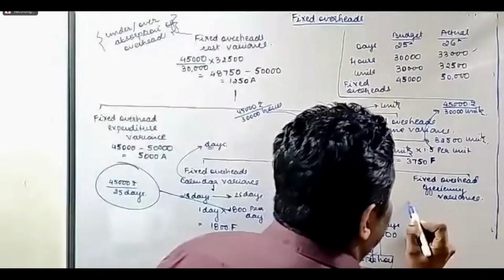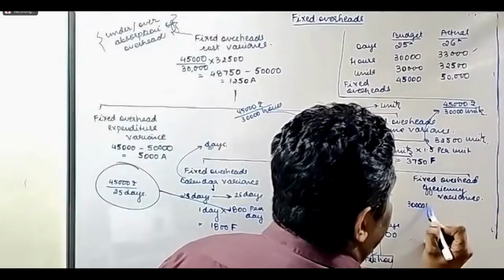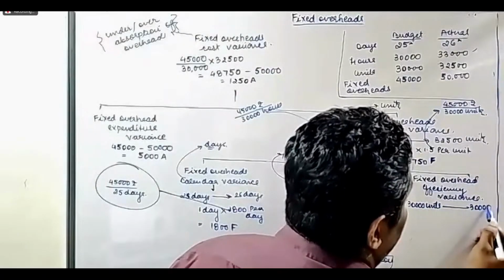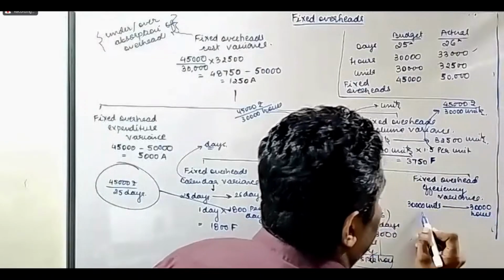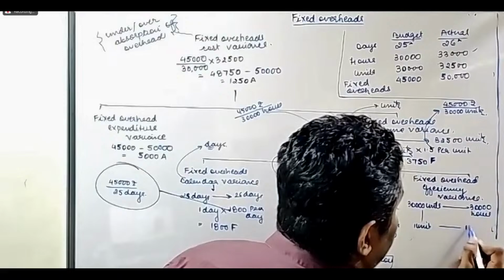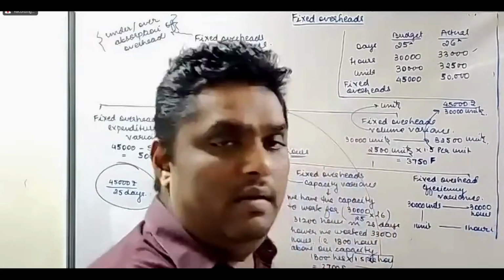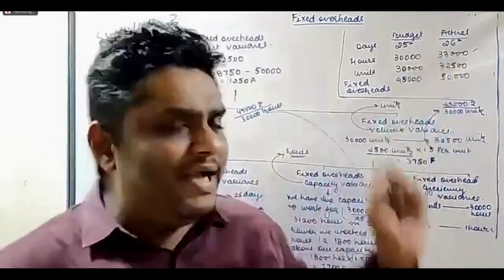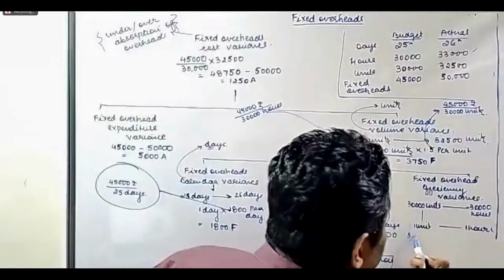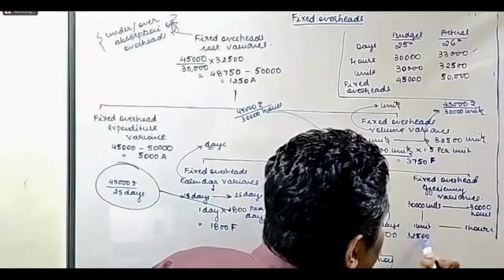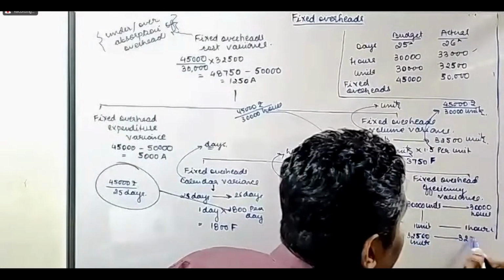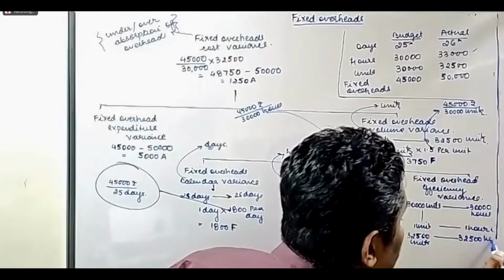So very simple, guys. As per the budget given by the management, 30,000 units should be manufactured in 30,000 hours. It means one unit should not take more than 1 hour. So actual production was 32,500 units. So it means these units should be manufactured in 32,500 hours only.